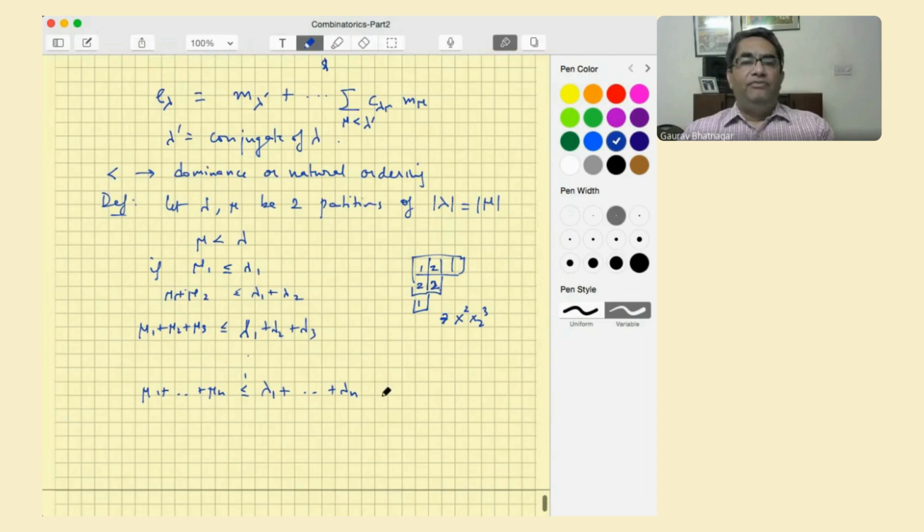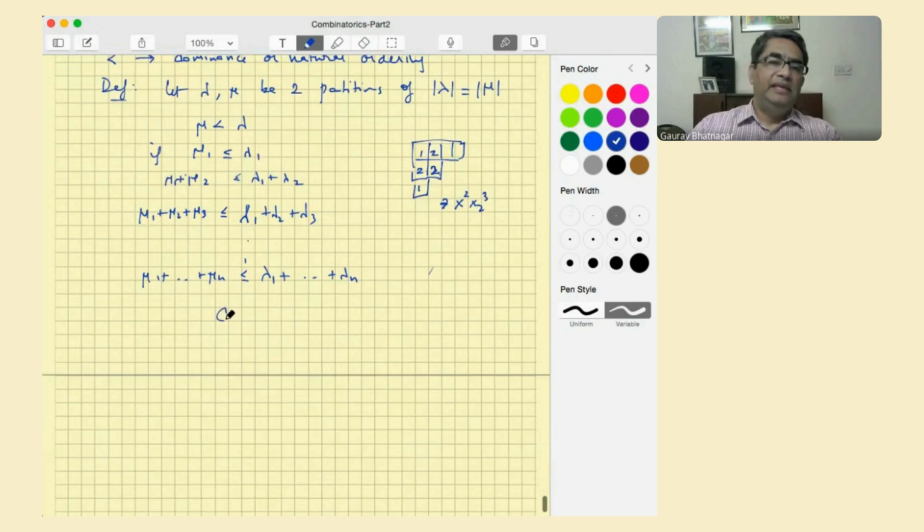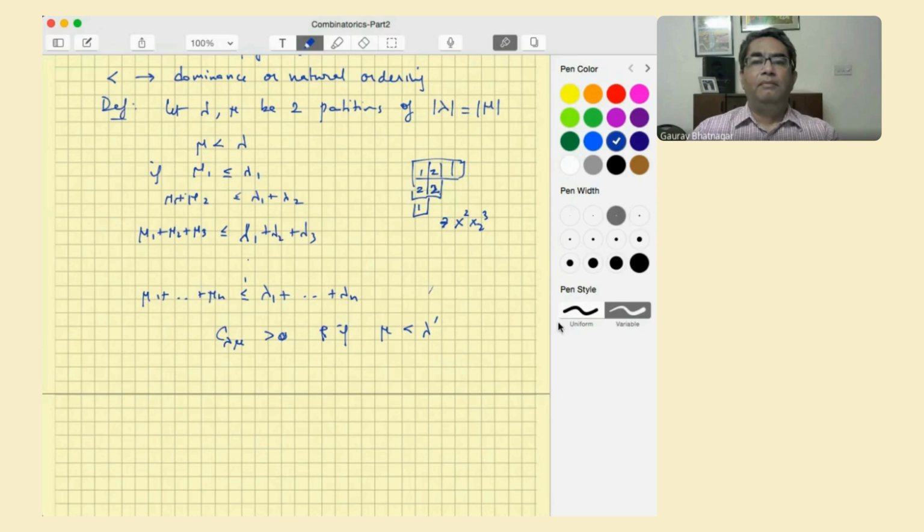If this ordering happens, it is clear that c_lambda,mu is bigger than 0 if mu is less than lambda prime. This is clear.